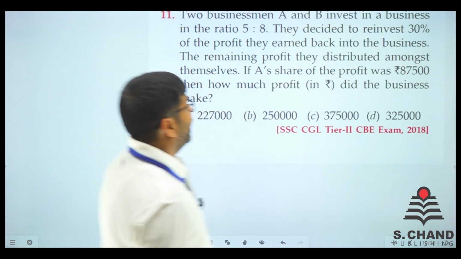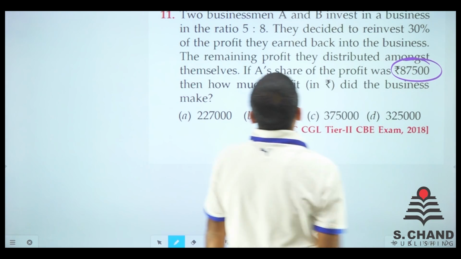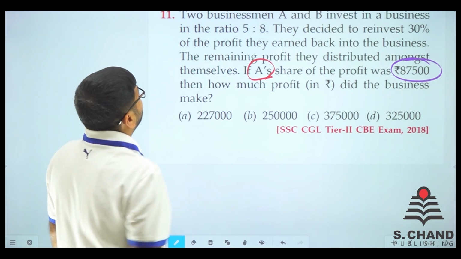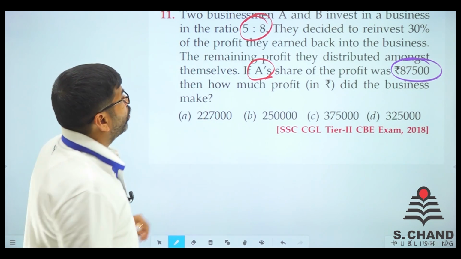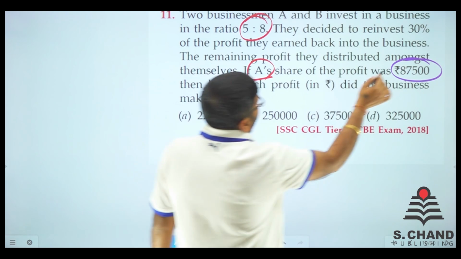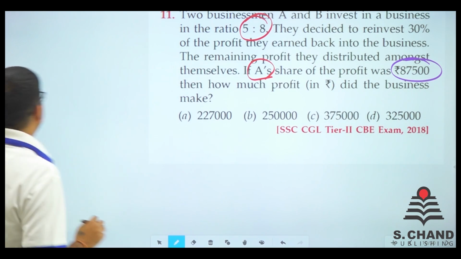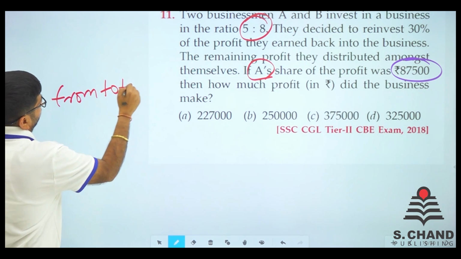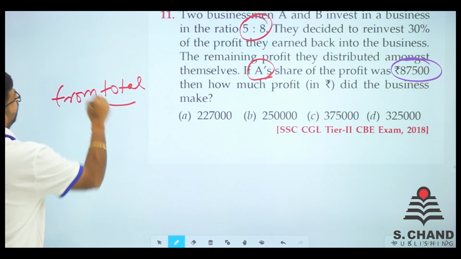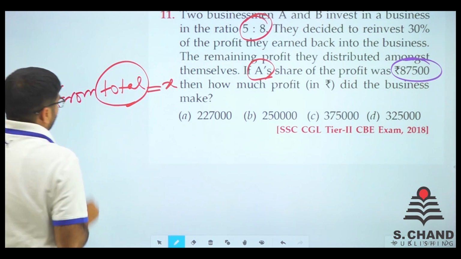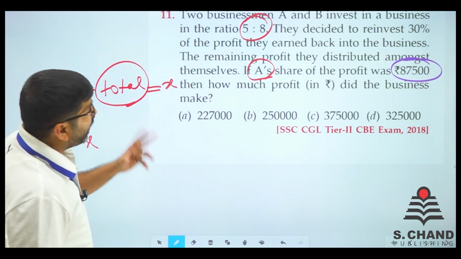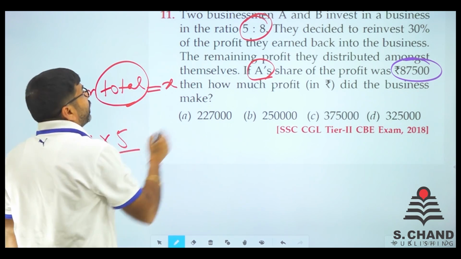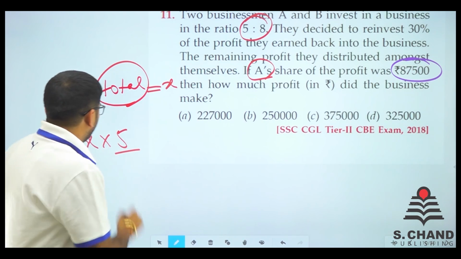See, this is what A gets, right? A gets 87,500 and the ratio is 5:8. That means from the total, say for example, the total profit is X. So from this X, 5, that is A's portion, divided by 5 plus 8 is 13.